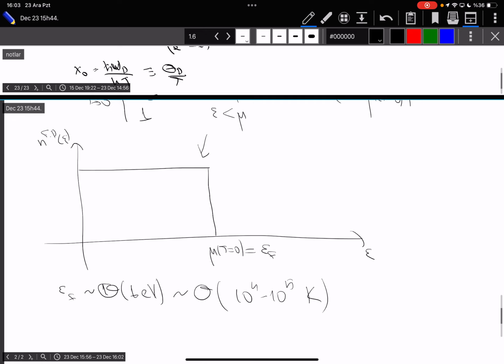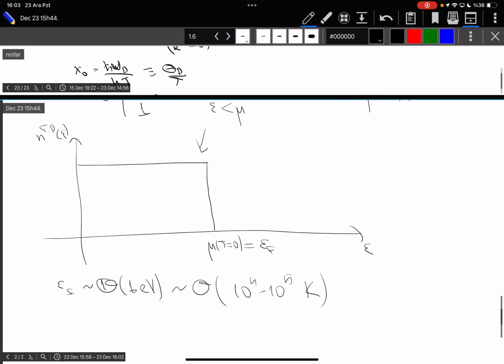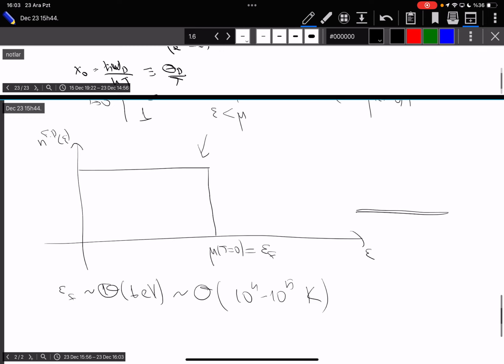What happens is, first you fill the ground state, then you fill the next state, and the next, and you just pile up electrons, in a sense. If this is the ground state energy, the next electron goes here, the next goes here, and so on. You fill all the states up to some given energy, and the energy of that state is what we call the Fermi energy. And as I said, since the Fermi energy is of the order of 1 electron volt, it's a very energetic system.